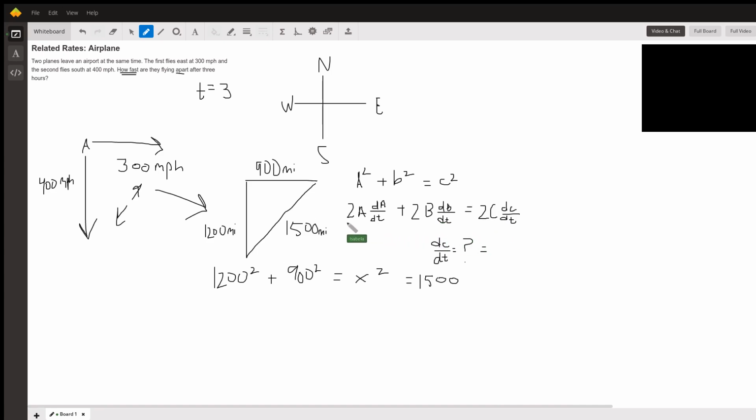What is this saying? It's saying 2 times the distance of A, let's say this is A, times the rate of A with respect to time, the distance of A with respect to time. So that would be the 300 miles per hour.